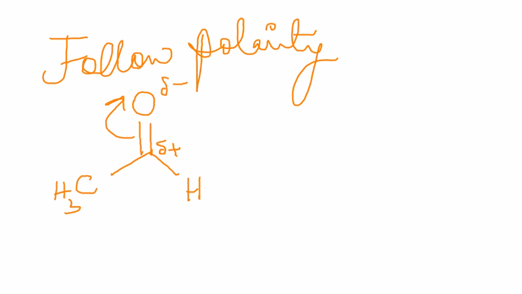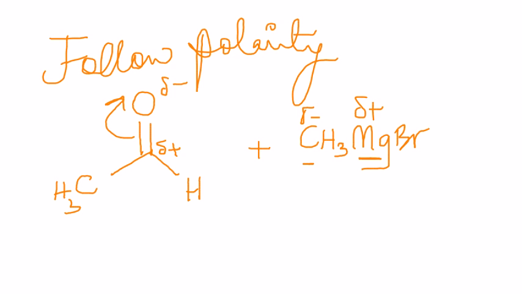And let's say I treat that with something called a Grignard reagent, and we'll discuss what a Grignard reagent is. I am not sure if everybody is familiar with that, but a Grignard reagent is an organometallic compound where you have a metal connected to the carbon atom. So you can hopefully see, metal being on the left side of the periodic table is going to be the more positive end, and your carbon is the one which has the negative end.